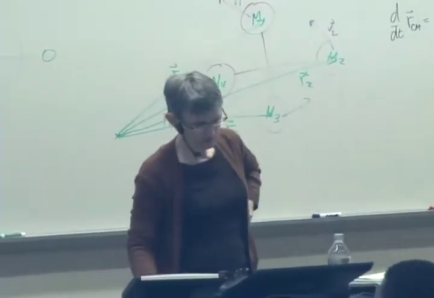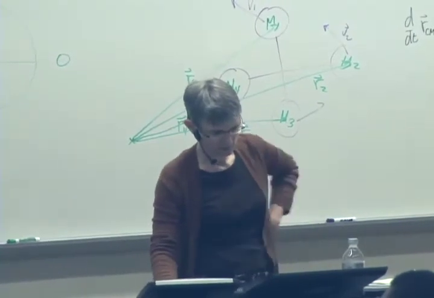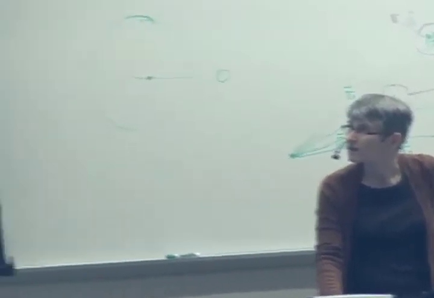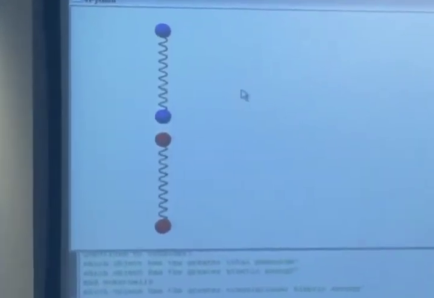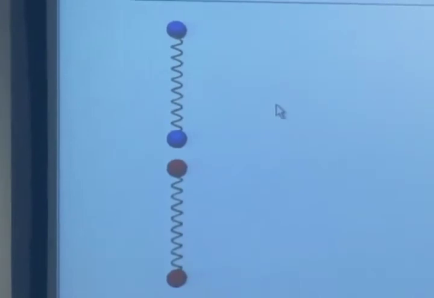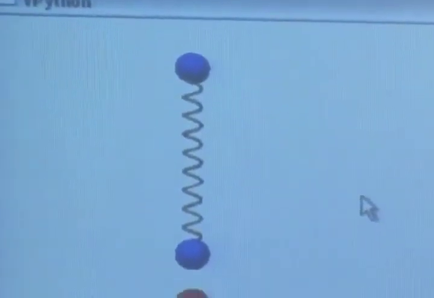So let's consider the following situation. Suppose we have two really simple multiparticle objects. They consist of two masses connected by a very low mass spring, so most of the mass of the system is in the little balls there.